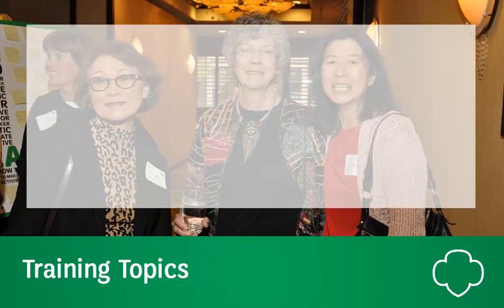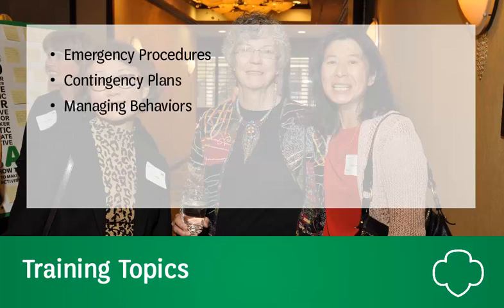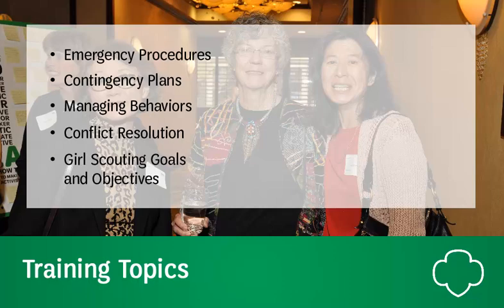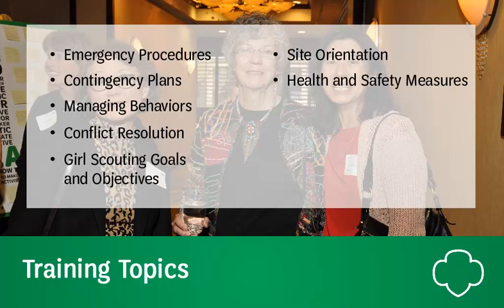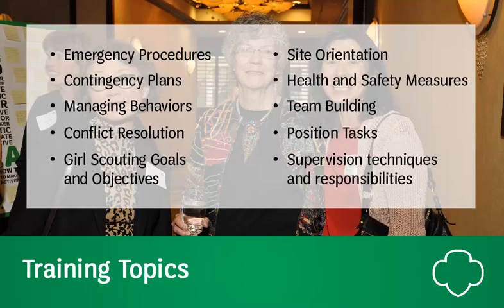It's important to take time to provide volunteers with specific training for your event, including emergency procedures, contingency plans, managing behaviors, conflict resolution, Girl Scouting goals and objectives, site orientation, health and safety measures, team building, position tasks, and supervision techniques and responsibilities.